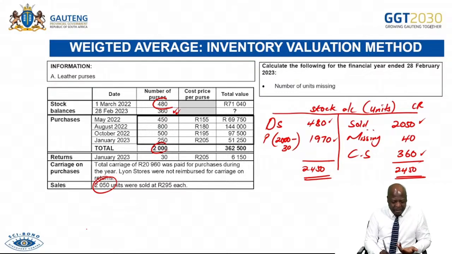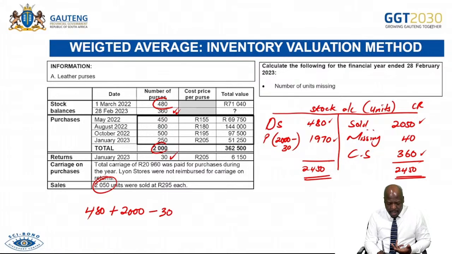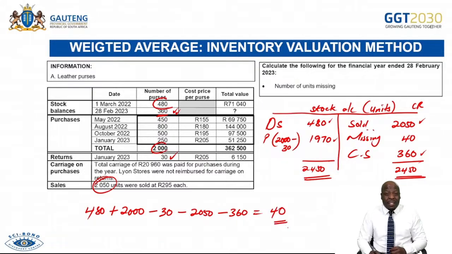The second way is simply to say opening stock 480 plus my purchases 2000 minus my returns 30 minus the units sold 2050. Don't forget to subtract the closing stock 360, and then we'll get 40 units that are missing.